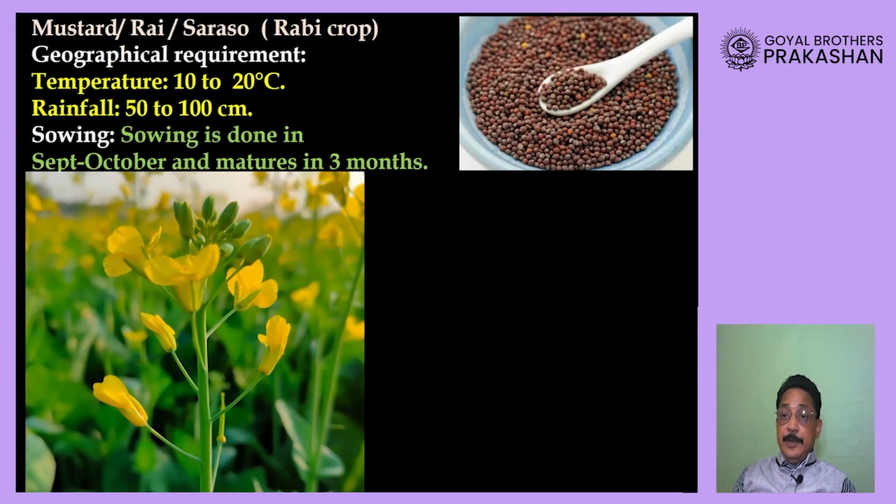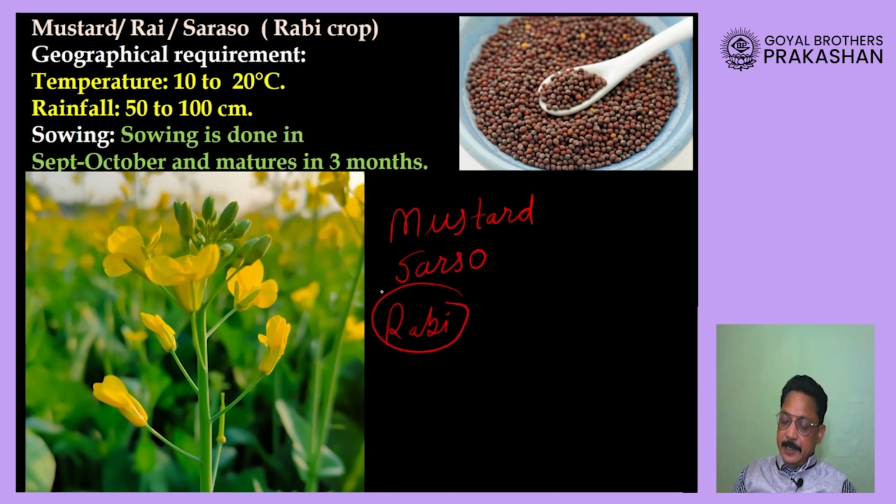The next oil seed, dear student, is mustard. We also call it by the name sarso. This is a rabi crop, which grows in winter time.